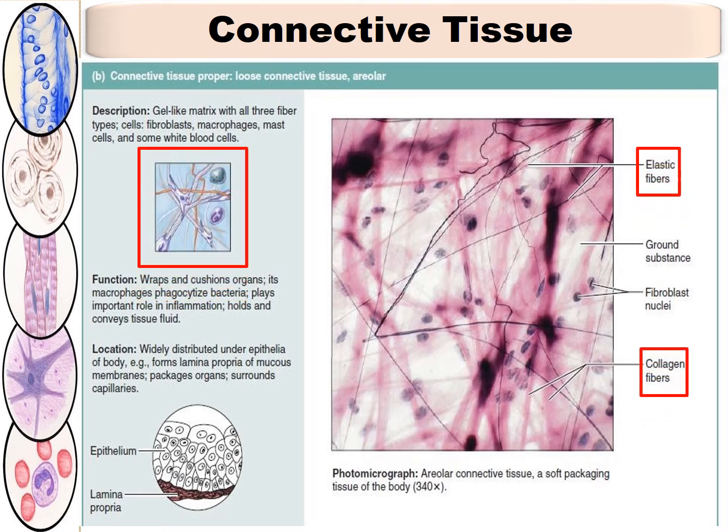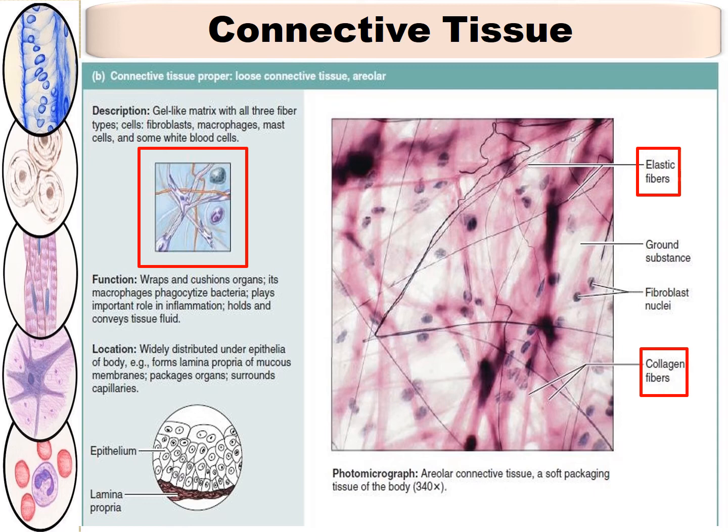This areolar connective tissue is a soft packaging tissue of the body. The main function of areolar connective tissue is to wrap and cushion the organs. Its macrophages phagocytize bacteria, play an important role in inflammation, and it holds and conveys the tissue fluids.